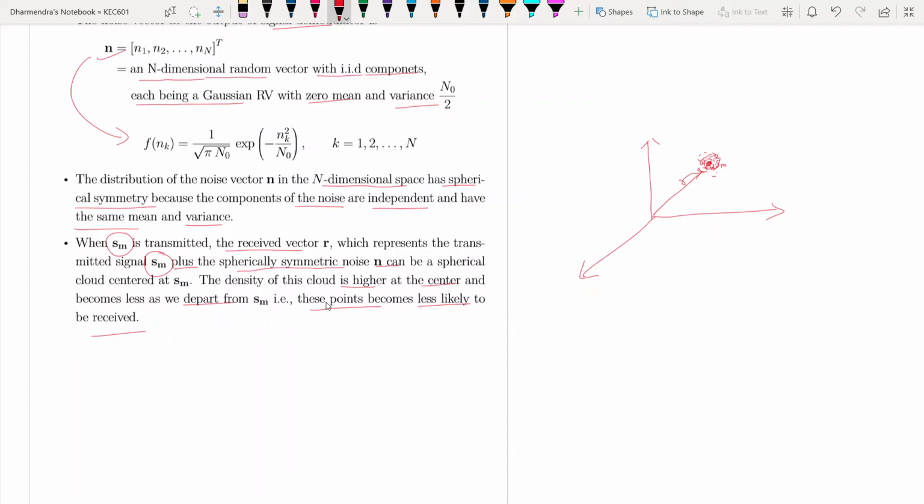Points away from the constellation point are less likely to be received. This is a geometrical interpretation of the received vector, which is the sum of the transmitted signal vector plus n-dimensional noise.